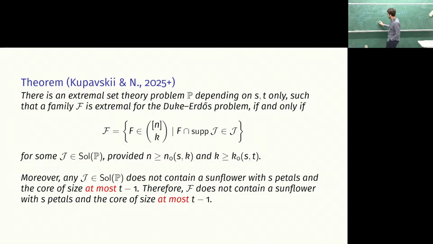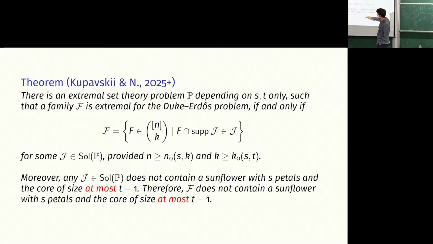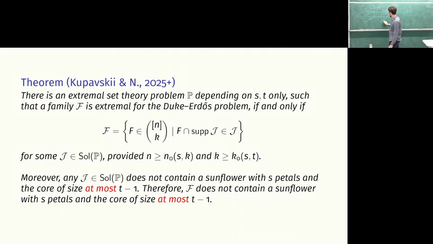So a T minus 2 sunflower is also forbidden, T minus 3, and a sunflower with the core of size 0, so a matching is also forbidden, etc. And this problem is down-closed, monotone in some sense, because you forbid a down-closed family of configurations instead of one single configuration where the core has size exactly T minus 1.